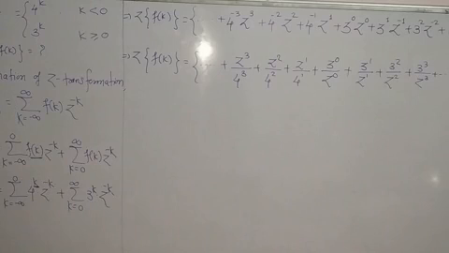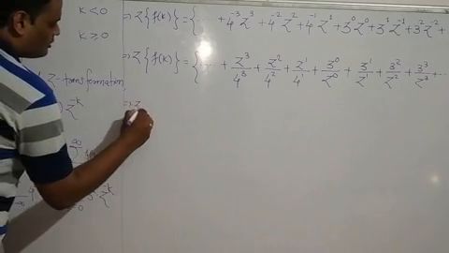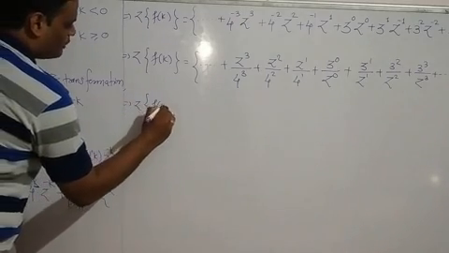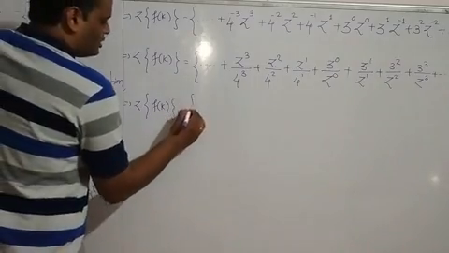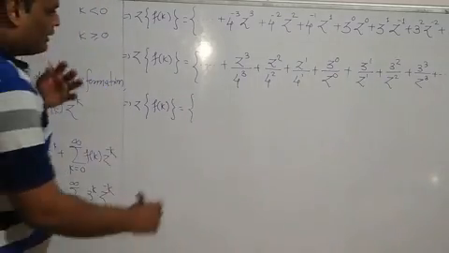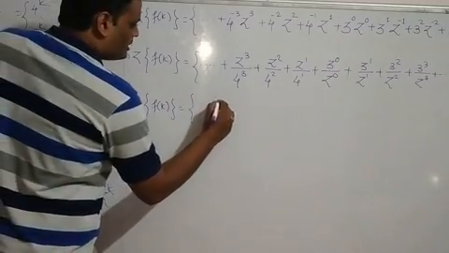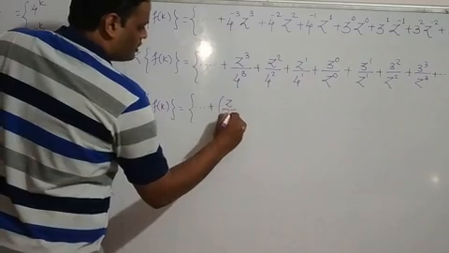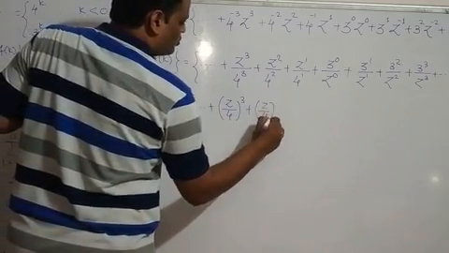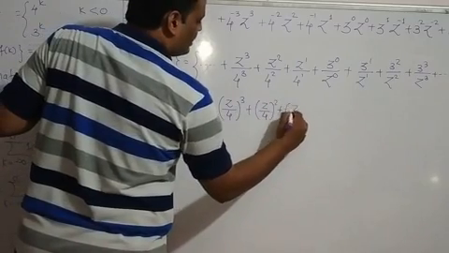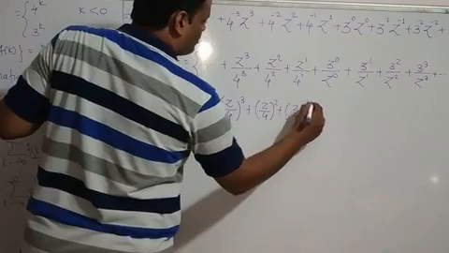Okay, now the powers of numerator and denominator are the same, so we will write it in a bracket raised to the power. So what is Z of f of k? That comes out to be, now I split this curly bracket: dot dot dot, plus z by 4 raised to 3, plus z by 4 raised to 2, plus z by 4 raised to 1.